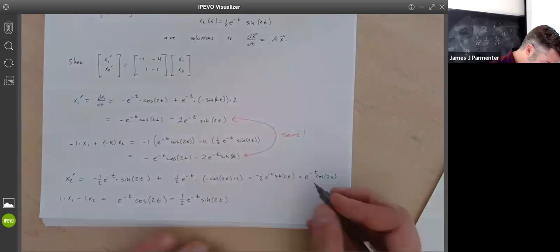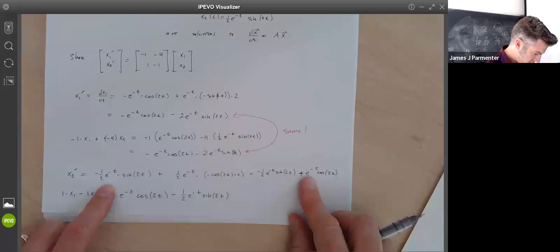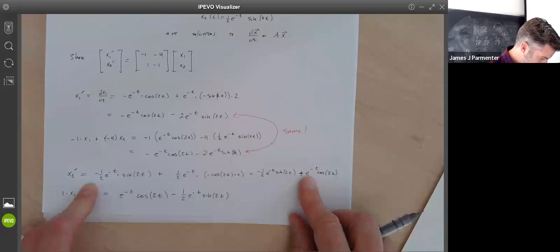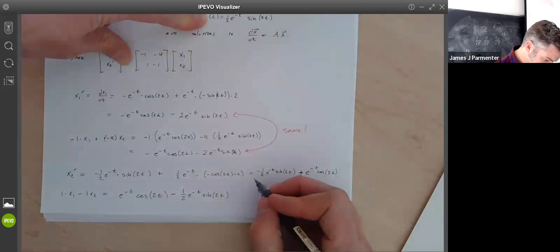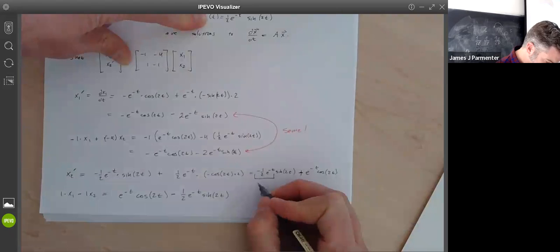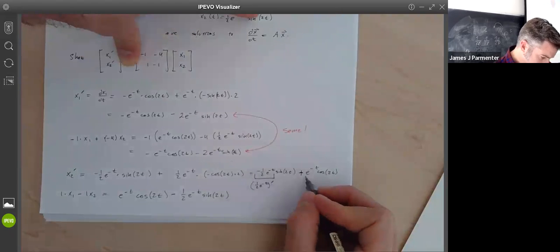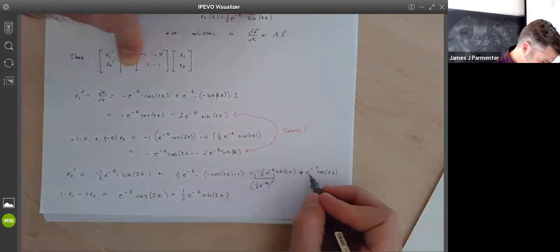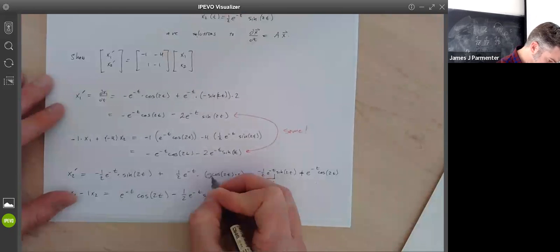Right, this should have been a plus. Sorry, pardon, where's my x2 here? Yeah, so there's your derivative of 1/2 e to the negative t times sine of 2t. And then there should have been a 1/2 e to the negative t times, oh yeah, sorry, there's my work right there. There shouldn't have been a negative sign right there. That's incorrect.